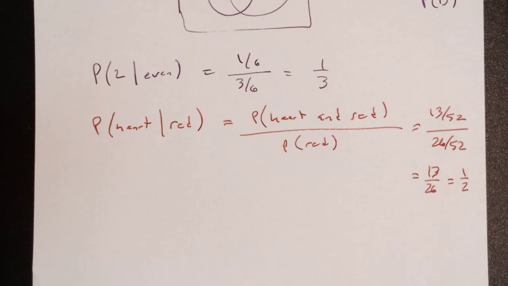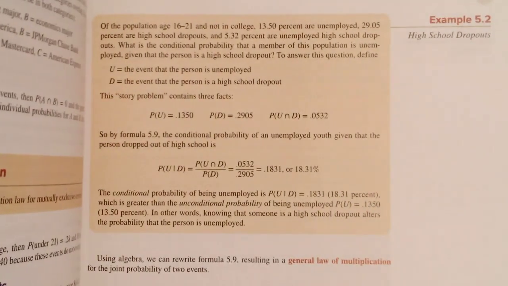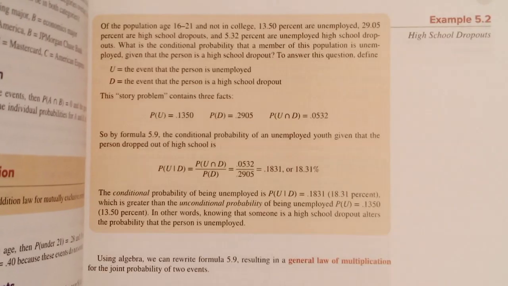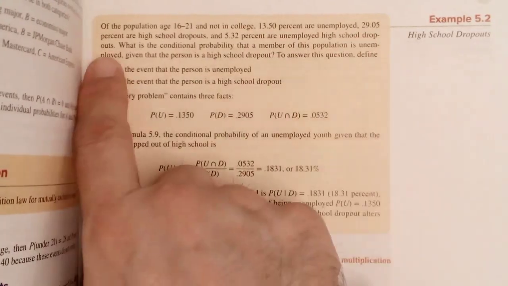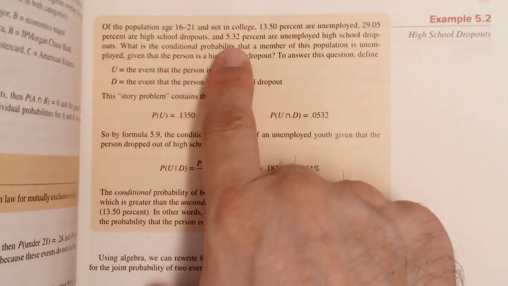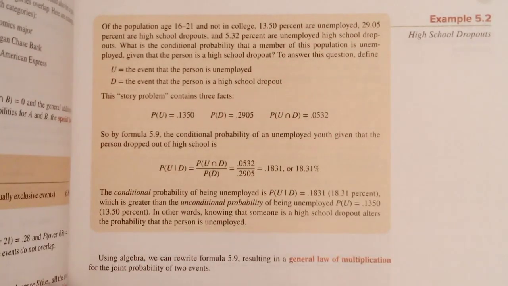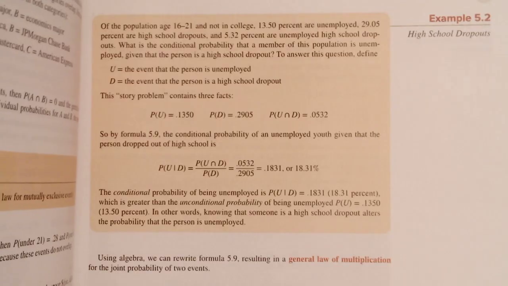Page 163. Of the population of age 16 to 21 people not in college, 13.5% are unemployed, 29.05% are high school dropouts, and 5.3% are unemployed high school dropouts. Wait a minute. I've been given 3 descriptors, right?